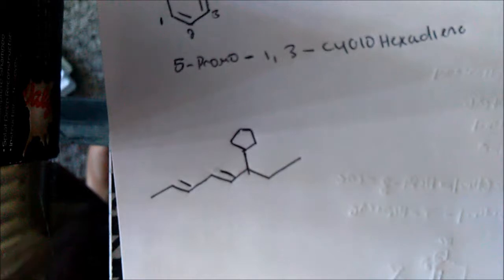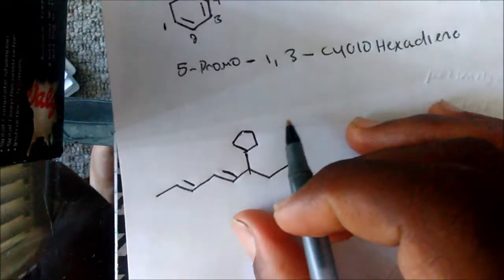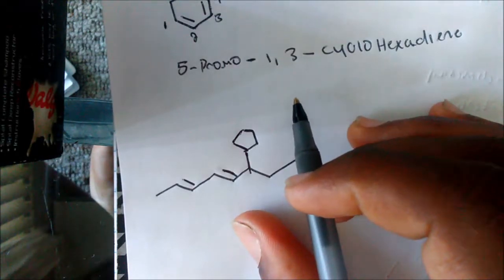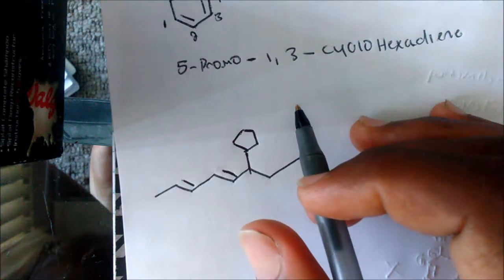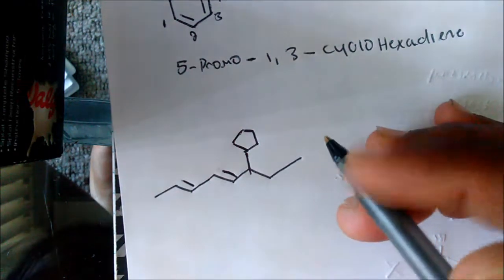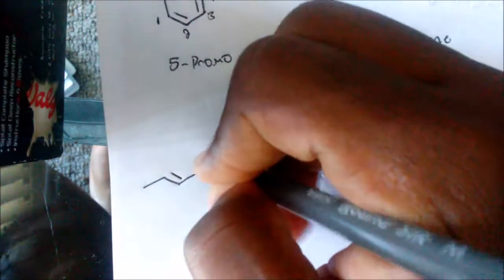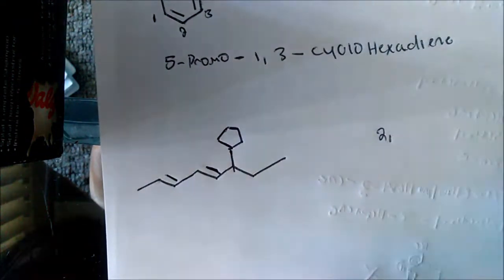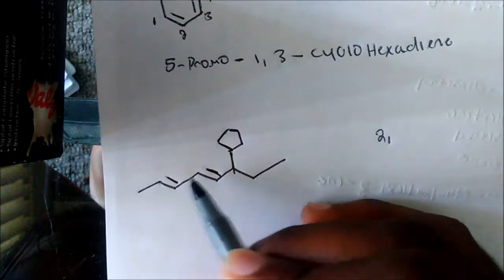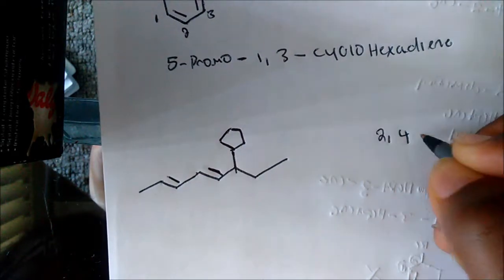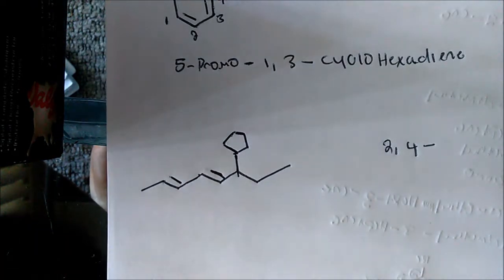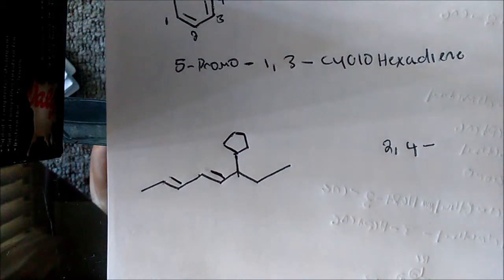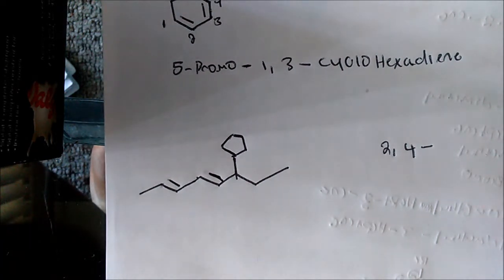Well, we should all know that you've got to find the longest continuous carbon chain with the alkene bonds getting the lowest numbers. So we have 1, 2, we have an alkene bond at 2. And then 1, 2, 3, 4, we also have an alkene bond at 4. But because we're dealing with two alkenes, it will be a diene.